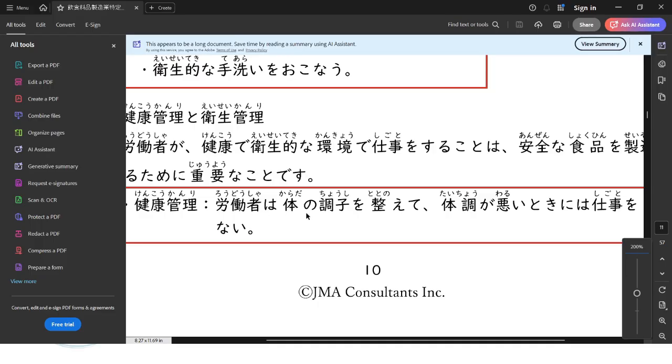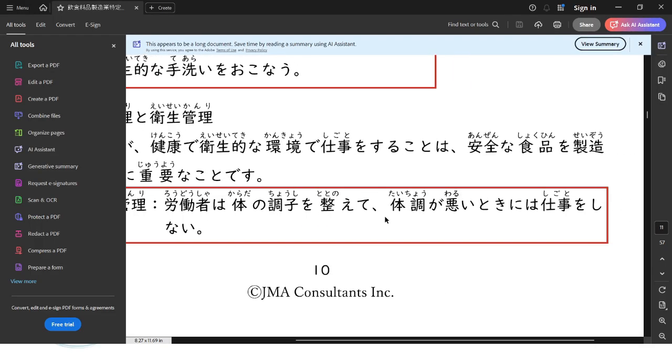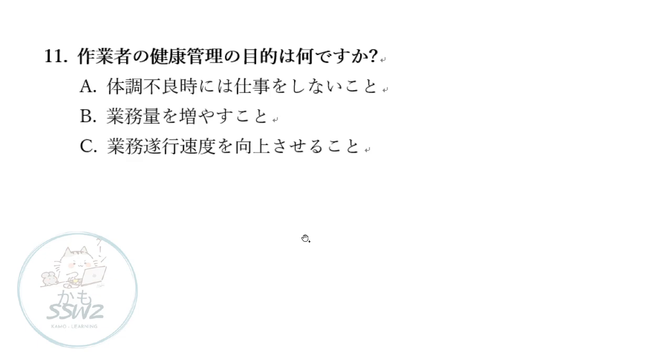Adjust your physical condition, and when your health is bad, do not work. So when our health is bad, we don't need to work. So in this question, the answer is A.